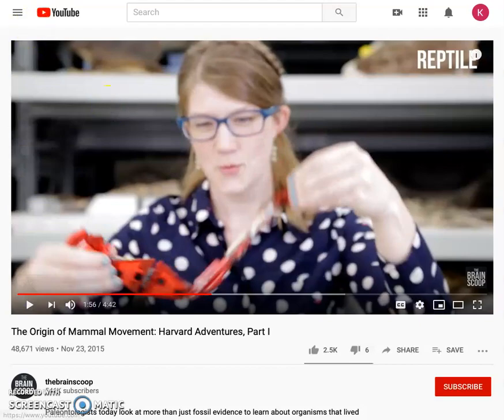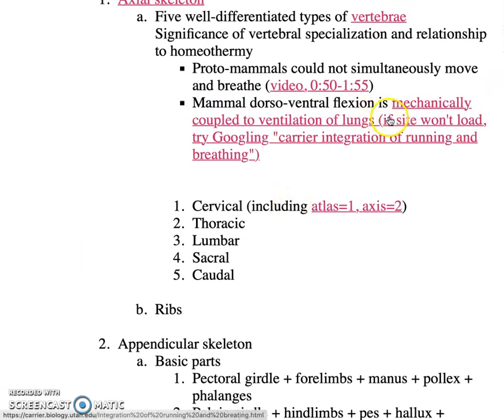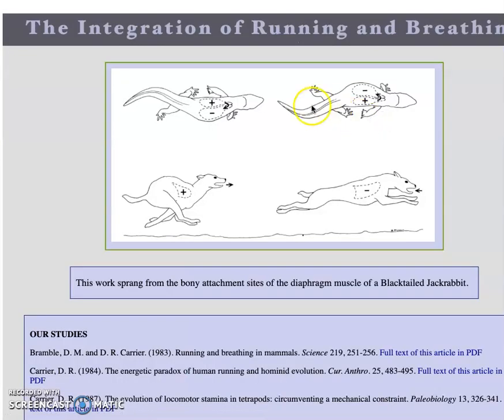Alrighty, back to that video. And so the side-to-side flexion that we see in reptiles and in the proto-mammals means that only one lung can kind of fill up at a time, and the other lung is squashed as the critter is wiggling from side to side as it's moving.